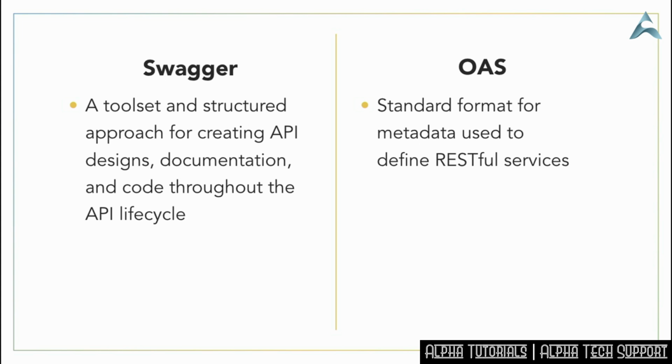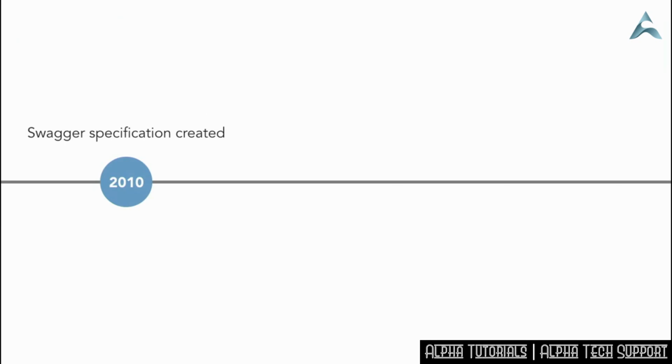Knowing the history behind these projects can help us better distinguish between the two. Swagger began in 2010 when Tony Tam started an open-source project to provide interactive API documentation and client SDKs for APIs at WordNik, an online dictionary service. At this point in its history, Swagger included both the specification and the tooling.